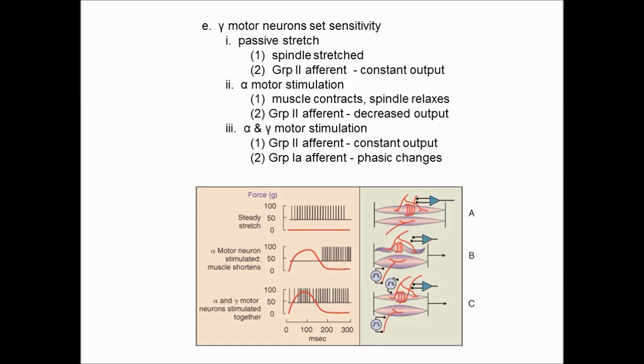So the group 2 afferents are going to keep putting out a constant output, but the group 1 afferent is going to show the increase and decrease in length that occurs at the beginning and end of the stimulation. It'll show two pulses, or phasic changes, as the muscle contracts and relaxes. So this gives us a really good amount of information about what's going on in the muscle during contraction.